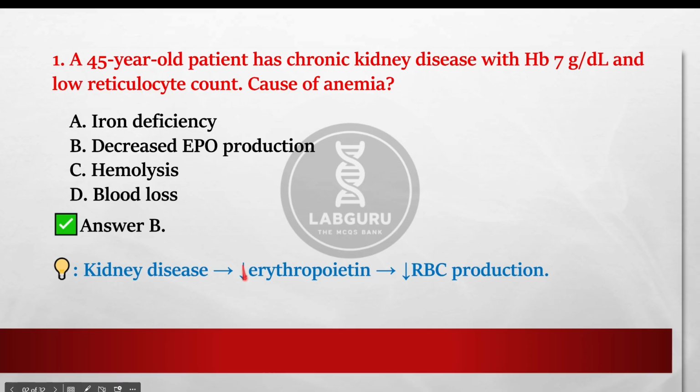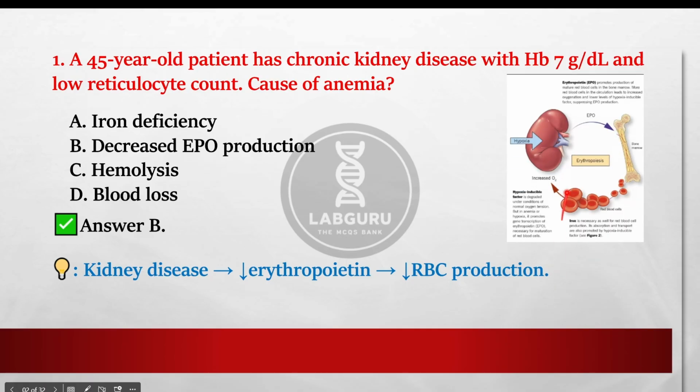Kidney disease causes low erythropoietin production in response to the low RBC production. So, the anemia might be due to decreased EPO production due to kidney disease. You can see in the picture, erythropoietin is very responsible for RBC production as it stimulates the bone marrow to produce the red blood cells.